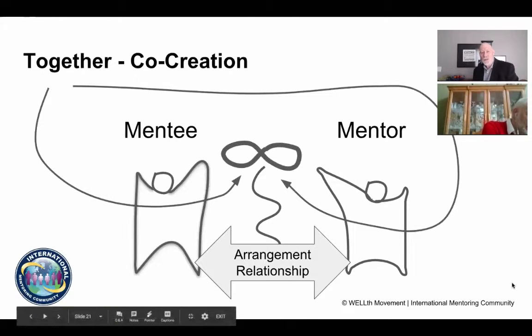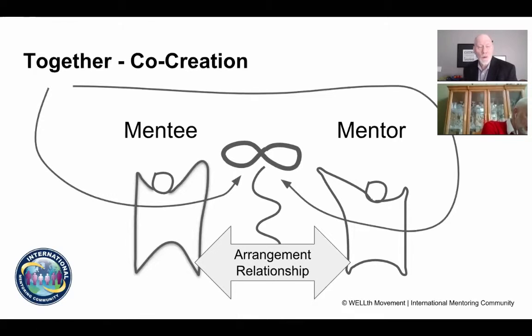The next one to think about is what you do together, because you came together for a reason. Now, I know that the mentee has a direction, but as the conversation gains momentum and you start to understand where you're going with this mentor-mentee connection, there's usually some kind of co-creation that takes place. You're going, "Wow, I hadn't thought of it that way," the mentee says. The mentor says, "I hadn't thought about it that way either.